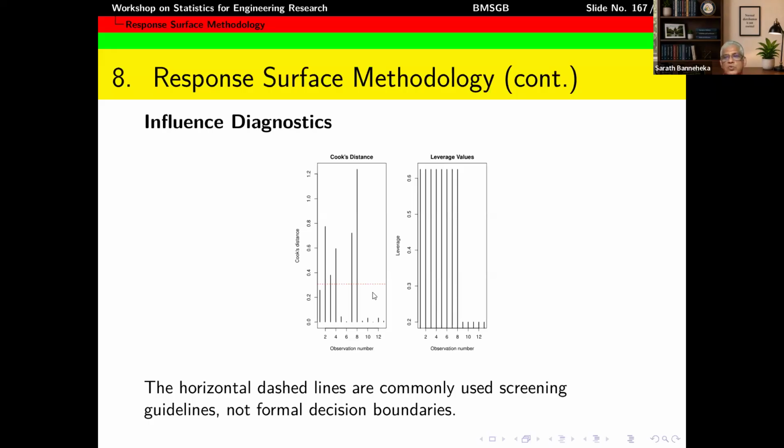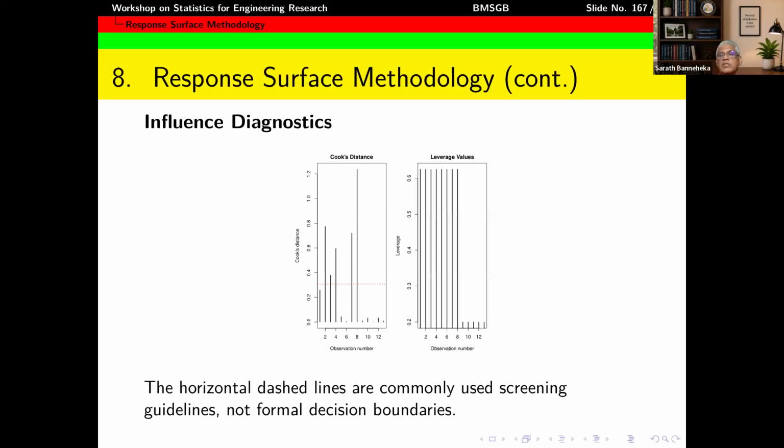The only thing I can say here is you have to be careful about those. It's better to go back and check whether there was any recording error in those observations. As I mentioned, in this case, I don't have any other information about those values. Therefore, I will just keep them as they are, assuming they are correct observations.